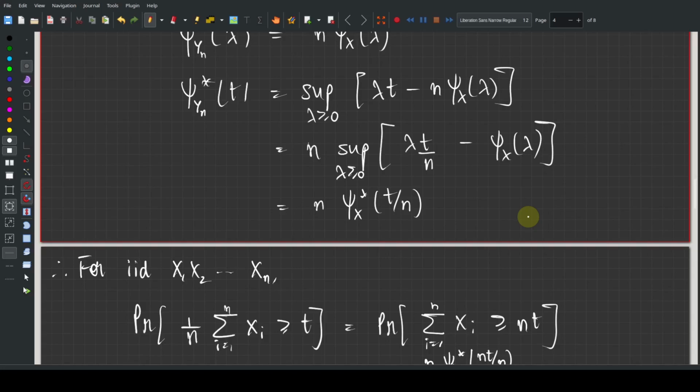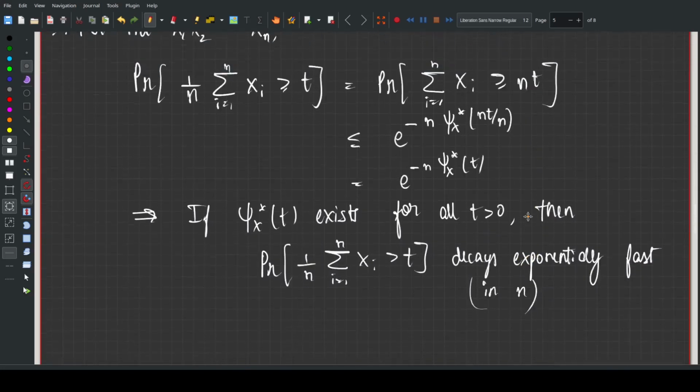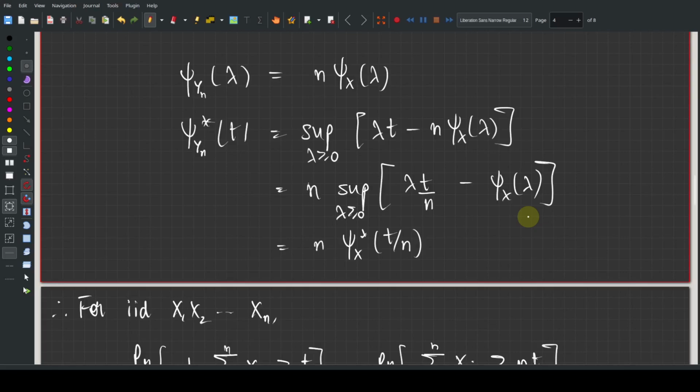For certain kinds of functions, it turns out that yes, we can get general tail bounds, right? But we'll see that a little bit later. For certain classes of functions, for certain classes of random variables, we have these general tail bounds. Right? And we'll see applications of each of these along with it.